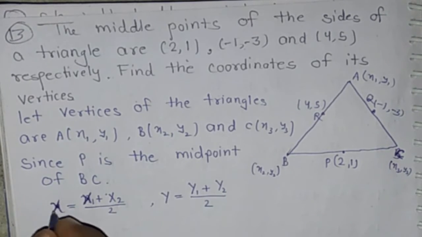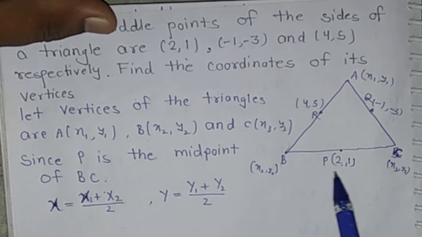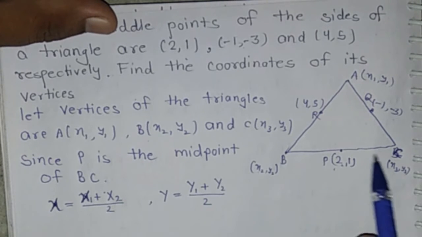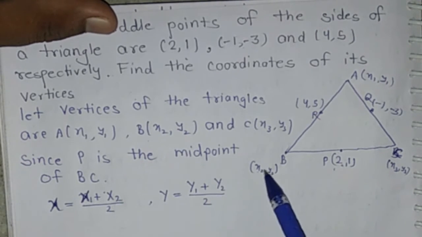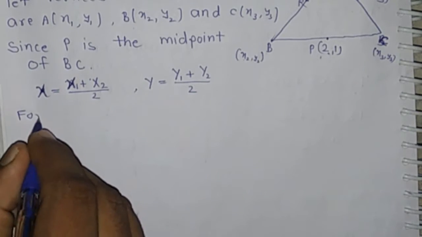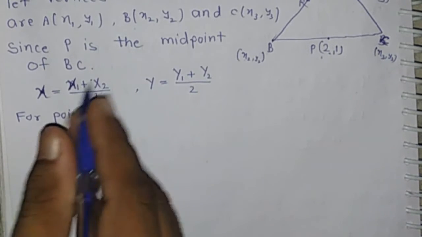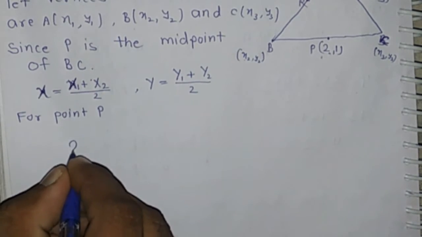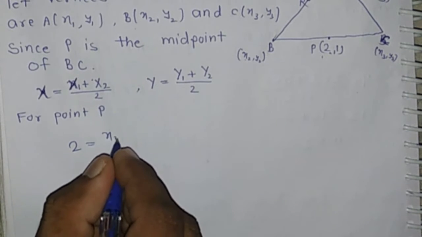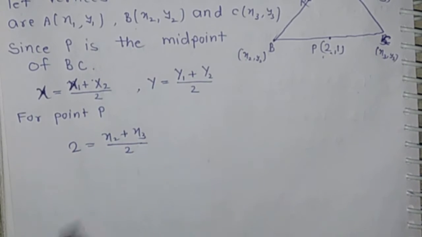Then, for point P, by the above formula we have 2 equal to (x2 plus x3) by 2.